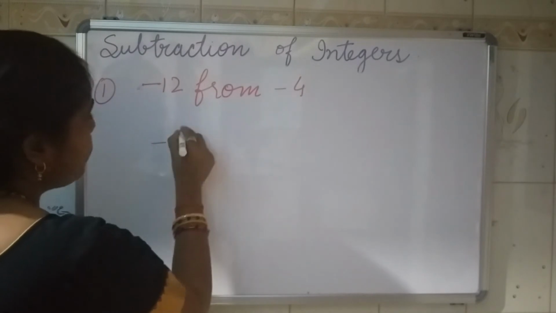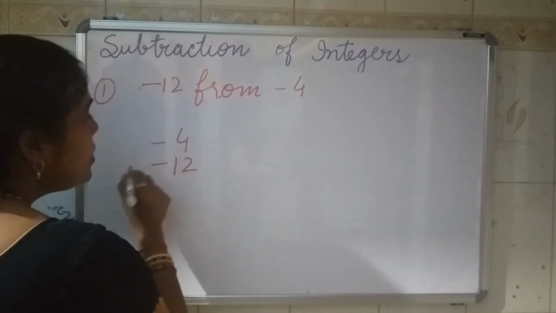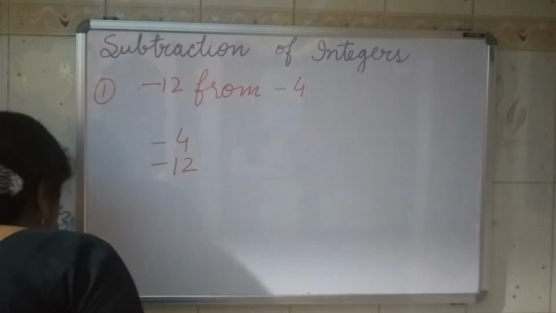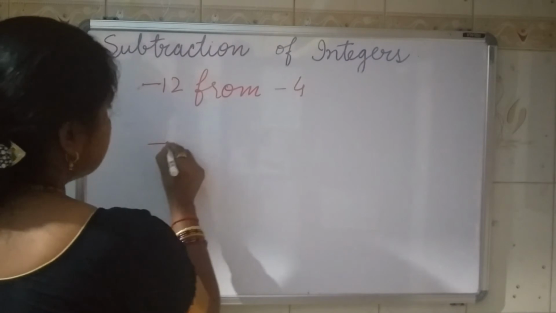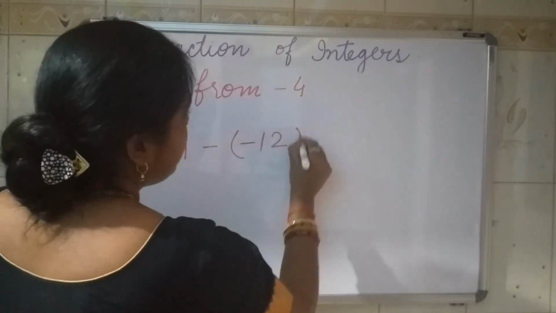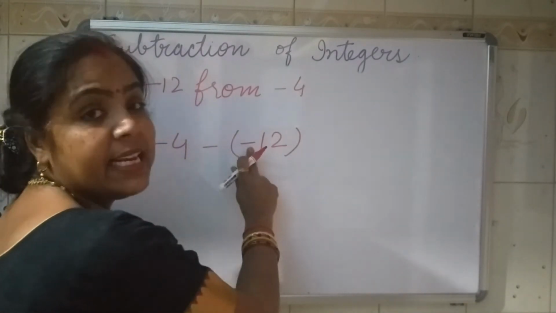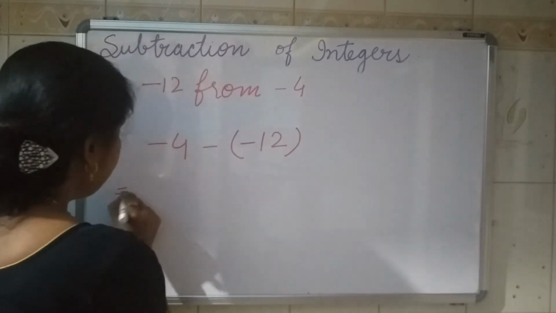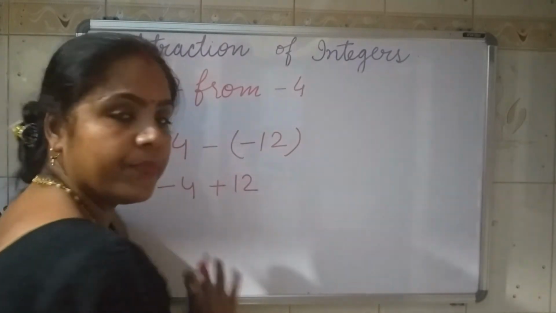So minus 4 minus 12, and we have to subtract. So if you do it horizontally, it will be better to understand. So we will write it down like this: minus 4 minus 12. Just now I explained operation is minus, inside it is a negative number. So what will it be? Minus 4 plus 12. Okay.